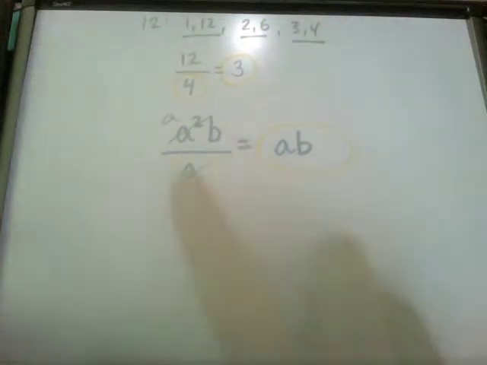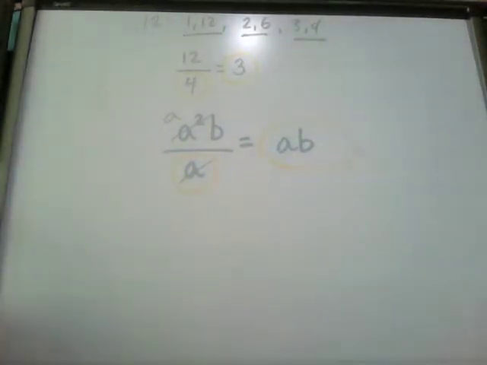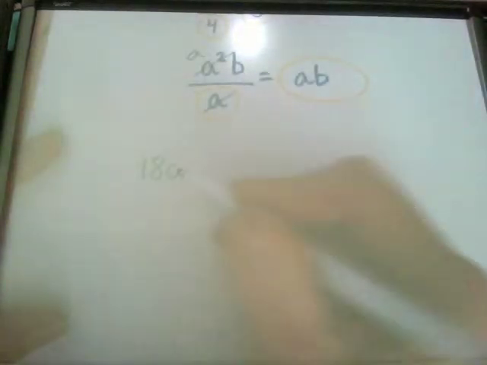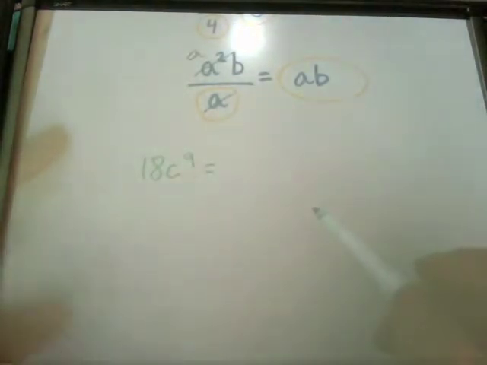Yesterday we did this work. I just didn't explain it as these being factors. So now we're just going to take a second step forward by recognizing that these are factors. Now, here's what your problems are going to look like today. Instead of showing the division, I'm going to try to pick one here that's simpler to start, you will see a monomial like 18c to the power of 9.